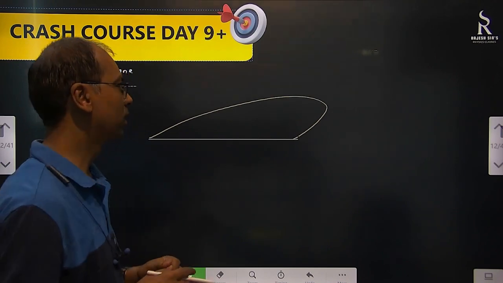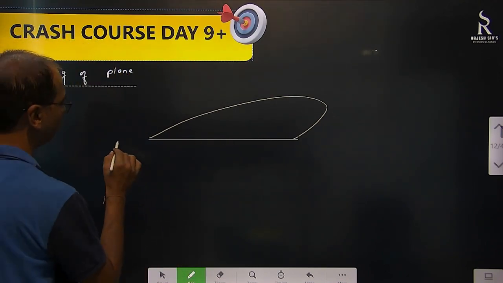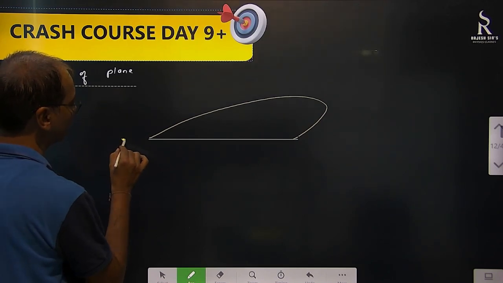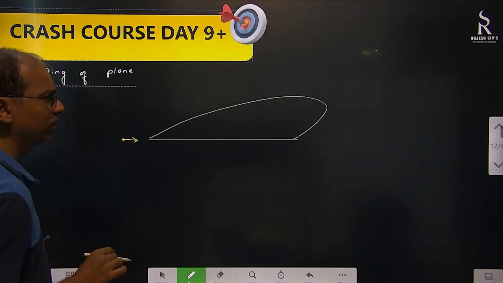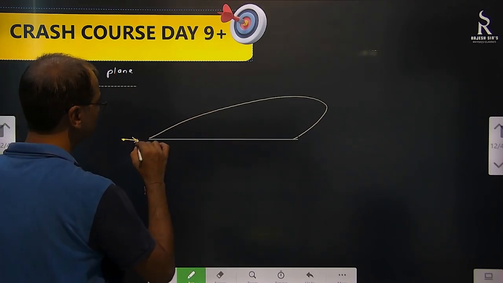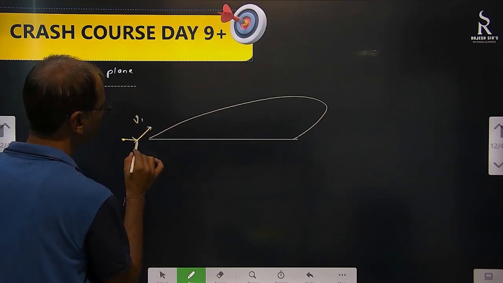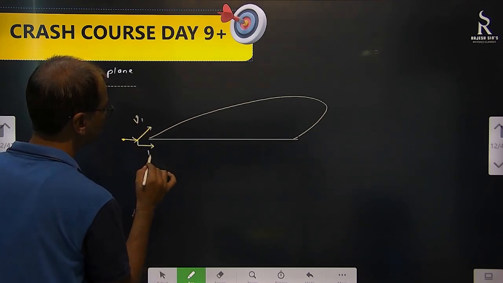So what happens in that? When the plane is going very fast, with respect to the plane, air is coming in this direction. If I assume that the plane is at rest, then air is coming like this. The air here goes in this direction, let's say with speed V1, and the other goes straight like this with speed V2.